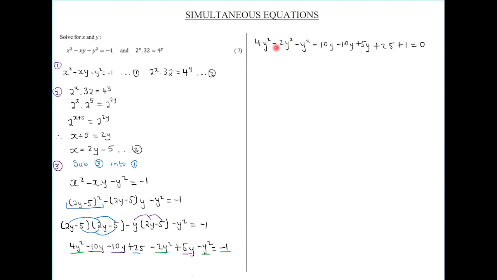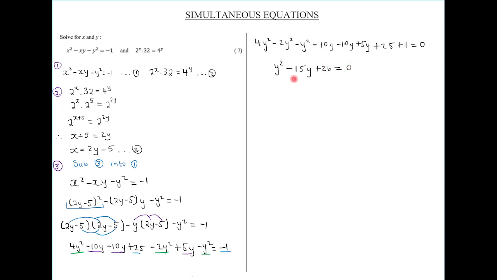So this is 4 minus 2, which is 2, and then the 2 minus 1 is going to be y squared. And from this part here, I'm focusing on the coefficients. Minus 10, that's minus 20, plus 5, so that's minus 15y. Then here we have 25 plus 1, which is 26, right? So plus 26 equals 0.